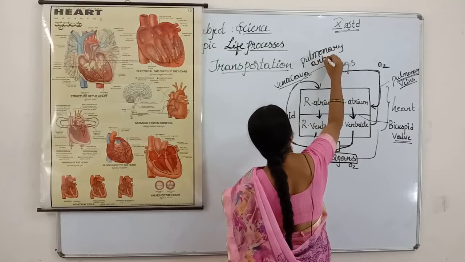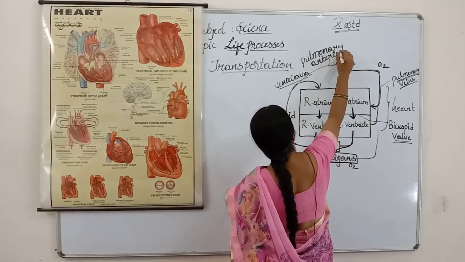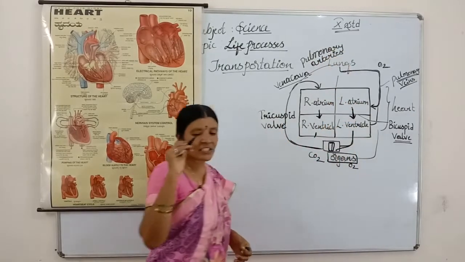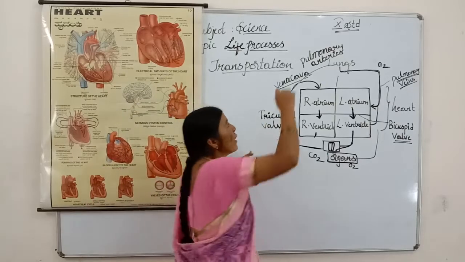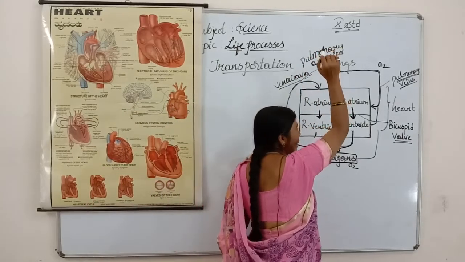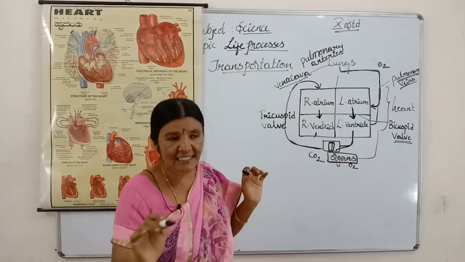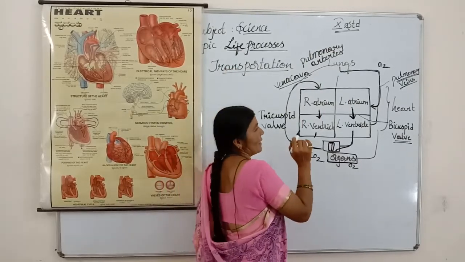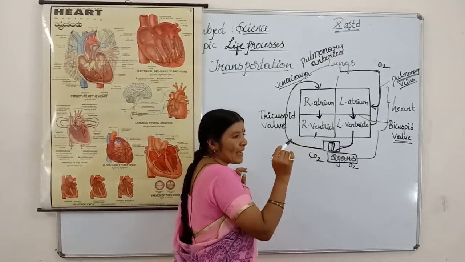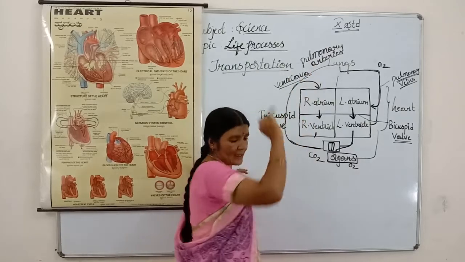Children, I already told you, arteries are the ones which carry oxygen rich blood, but here the pulmonary artery is the only artery which carries carbon dioxide rich, deoxygenated blood to the lungs.